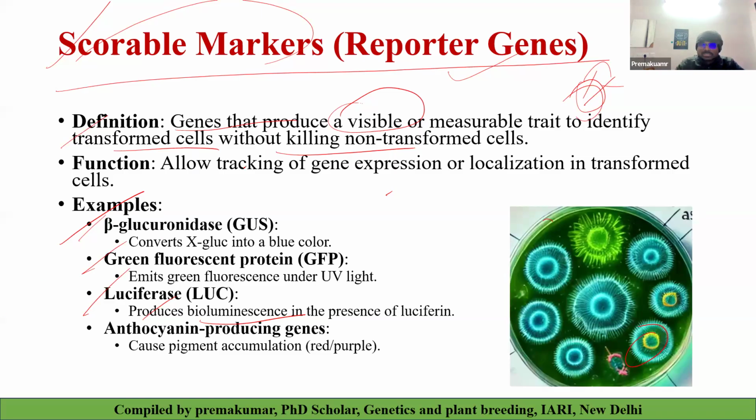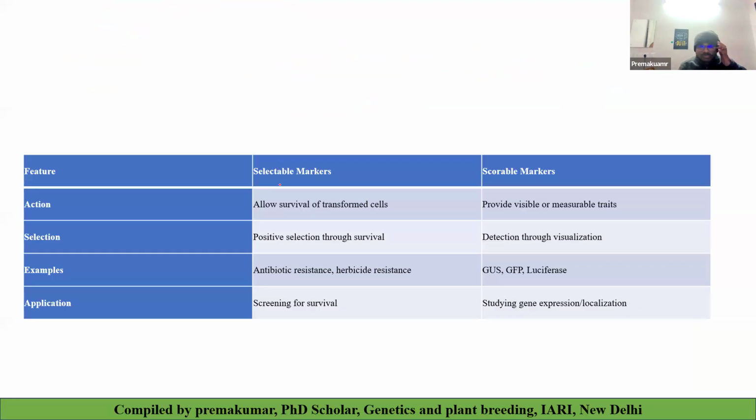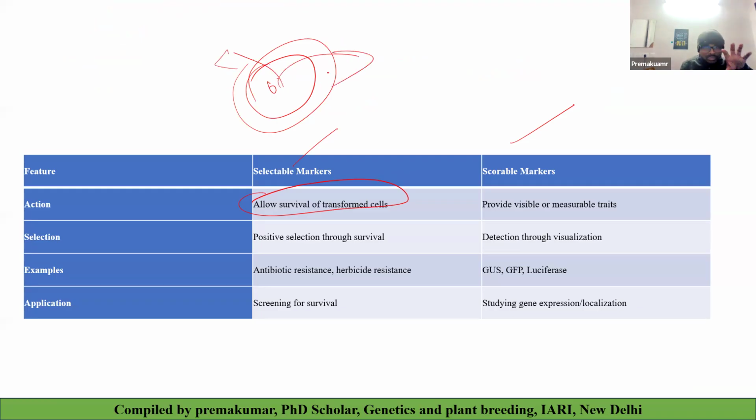Now the difference between them: selectable markers allow survival of the transformants. For example, you grow the bacteria in some media, and based on that media, it allows survival or killing of particular colonies. Based on that, you select your transformants and non-transformants.